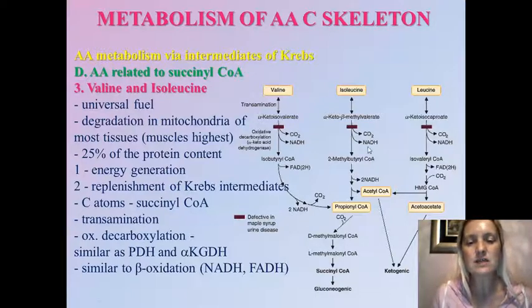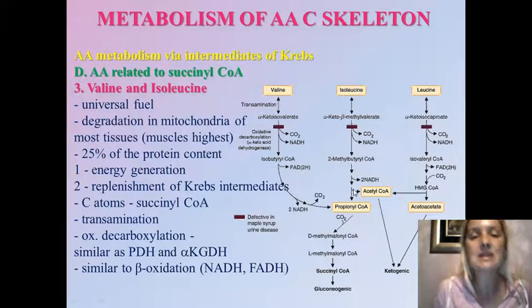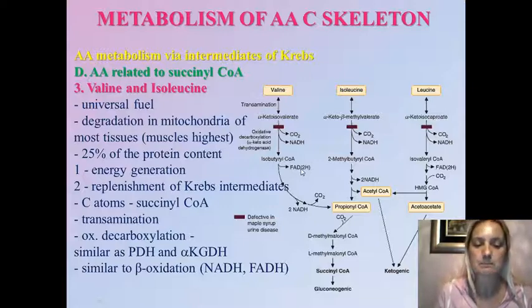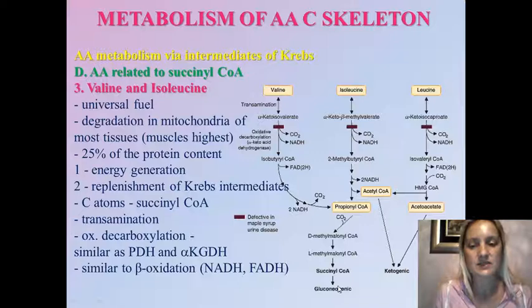Then those intermediates undergo subsequent reactions which are very similar to beta oxidation reactions, yielding the formation of reduced NADH coenzyme and reduced FADH2 coenzyme. Thus, valine forms propionyl coenzyme A, isoleucine can form either propionyl coenzyme A or acetyl coenzyme A. And of course, propionyl coenzyme A is converted to succinyl coenzyme A, which enters the Krebs cycle.